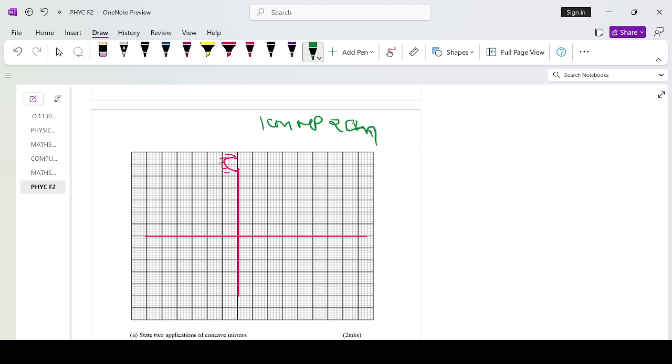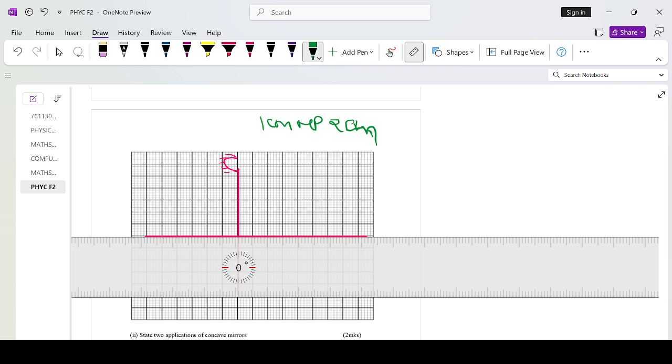And having that, the object is how many centimeters? 1 centimeter to represent 2. So an object of height 2 centimeters, so that will be 1 centimeter up, but 5 centimeters in front. So this is a 2 somewhere here. Let me use a ruler for higher accuracy.